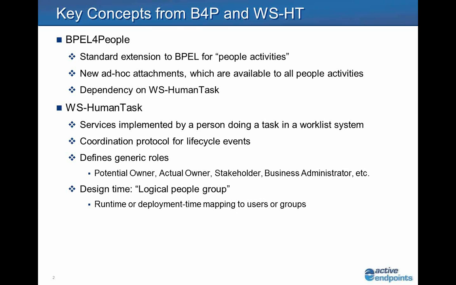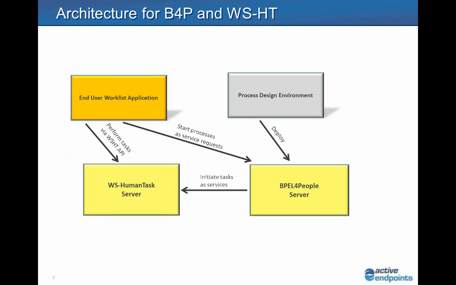What that means is, when you're creating your business process, instead of saying, go to this group in my LDAP identity system to find out who it's going to be given to, you just have this logical concept of a loan representative or an administrator or something like that. And then at deploy time, you say, okay, what does that line up to with respect to the actual groups in our system, or possibly a query of groups of people in the system.